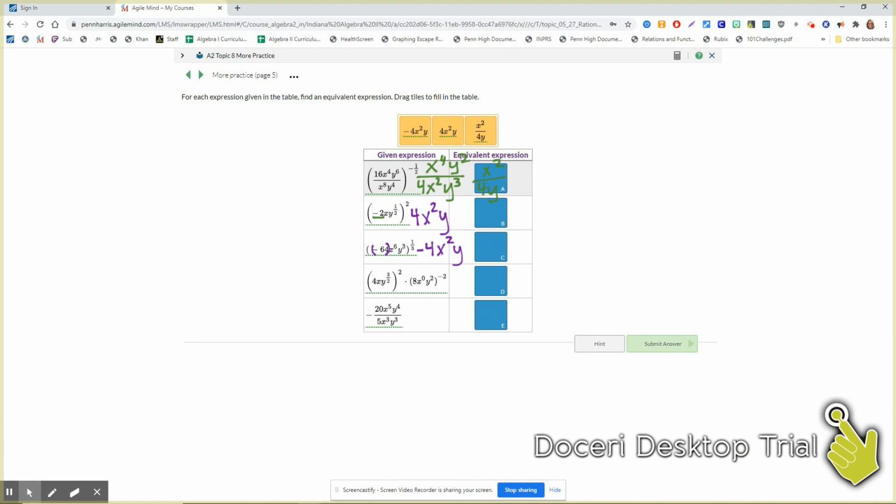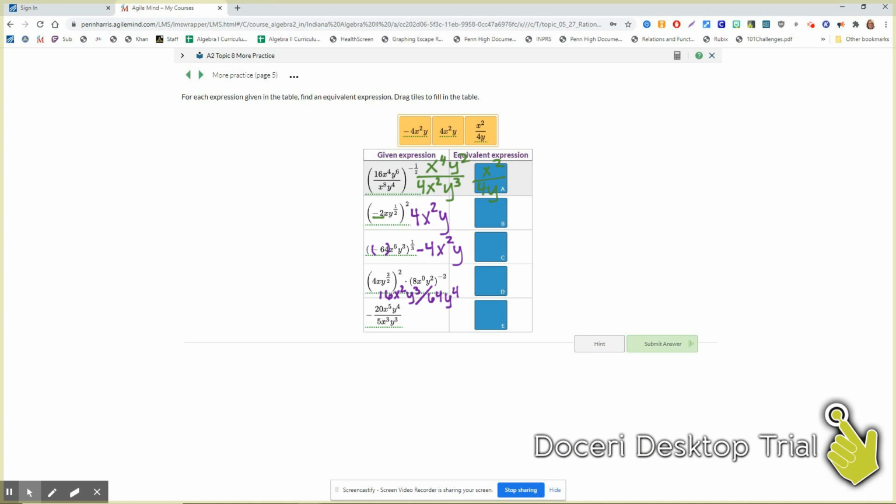Down below on this, if I simplify this out, I'm going to get 16 x squared y to the 3rd. And then on the bottom, so this is all going to be over 64 y to the 4th.